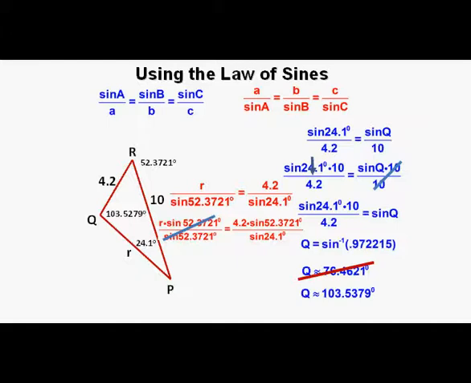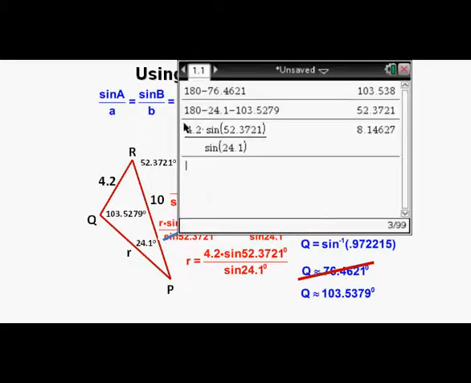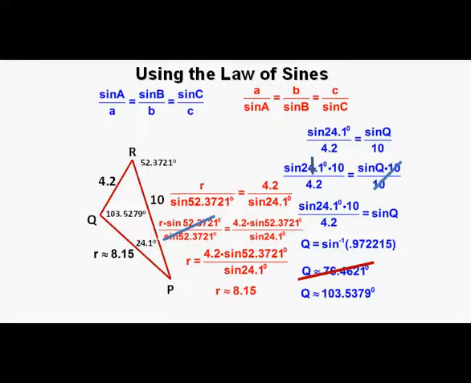On the left side, the sine of 52.3721 degrees over the sine of 52.3721 degrees cancel to equal 1. So we have R equals 4.2 times the sine of 52.3721 degrees over the sine of 24.1 degrees. And here it is entered in our calculator. So side R rounded to the nearest hundredth is 8.15 units in length. And here we have side R labeled as well.